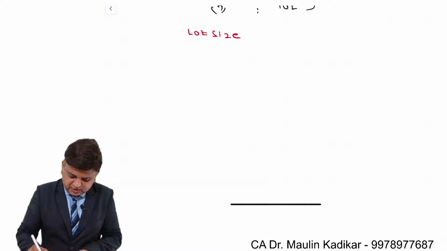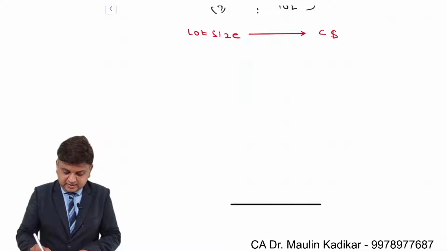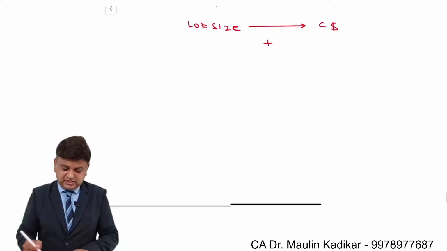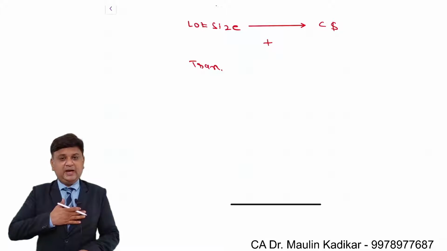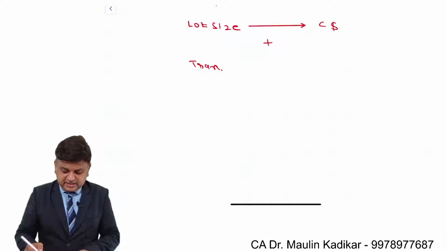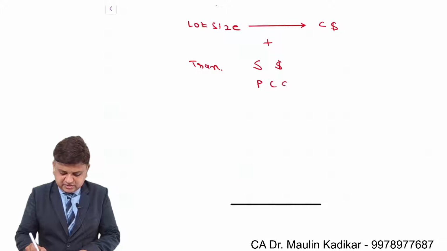Lot size is provided to you in Canadian dollar currency. Plus, you have to see in which transaction you are interested. You are a US company and you are interested in the transaction of sell of dollar and purchase of Canadian dollar.